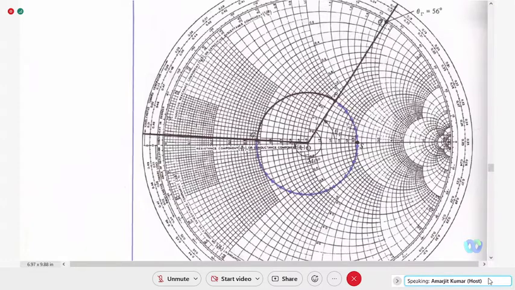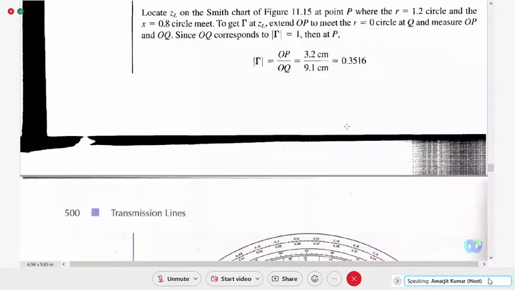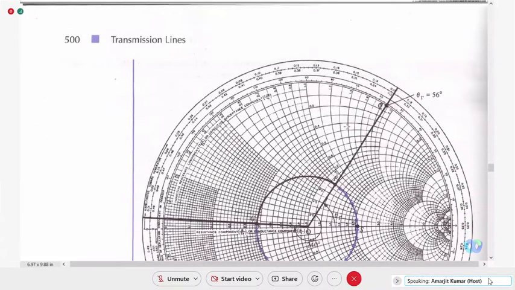Okay, now the question is how to calculate the angle of the reflection coefficient. We need both magnitude and angle. So what will be the angle? The innermost scale will give you the angle of the reflection coefficient. What are you seeing here? This is 40 degree, 50 degree, 60 degree, 70 degree.